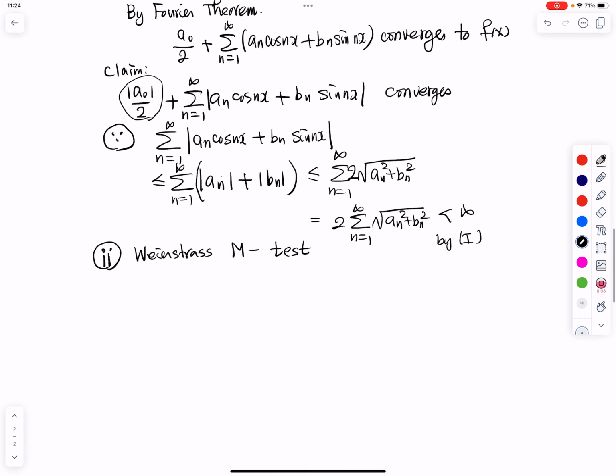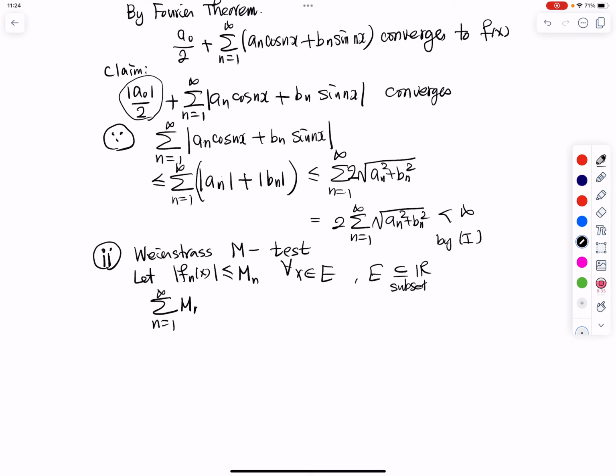You just recall that let f_n(x) be less than M_n for each x in E, where E is some subset of R, and the summation n from 1 to infinity of M_n converges, it's finite.